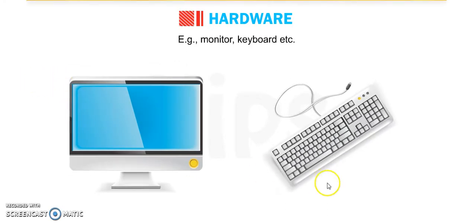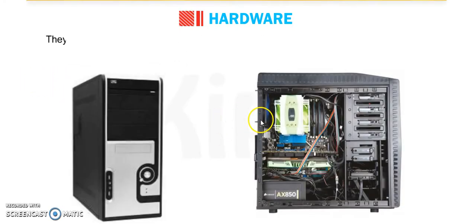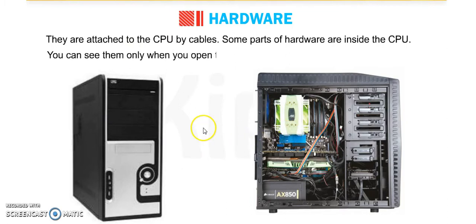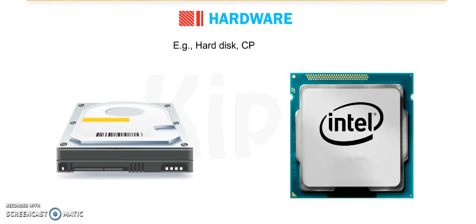Similarly, in a computer, we can see the parts of hardware that are outside only, like monitor, keyboard, etc. These are outer parts, and they are attached to the CPU by cables. Some parts of hardware are inside the CPU. You can see them only when you open the body of the CPU box, like hard disk and CPU chip.